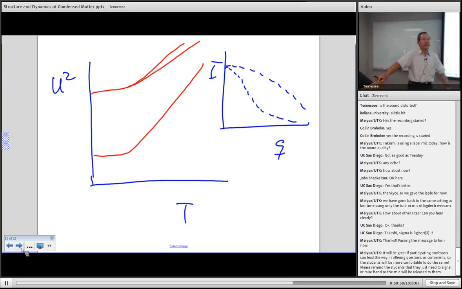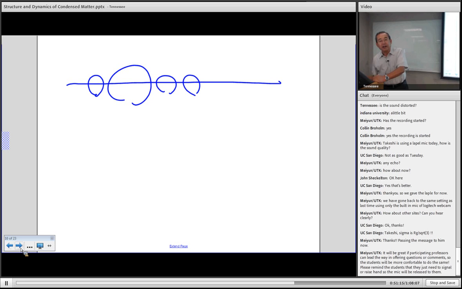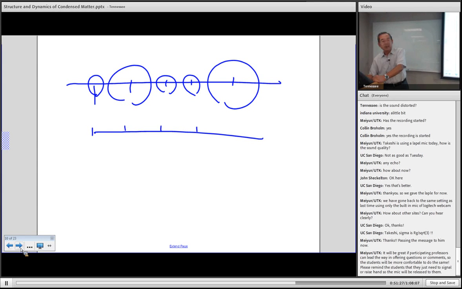If you mix two elements, you're bound to have displacement. For instance, if you have big and small atoms, okay, then the average position is not going to be totally periodic, right? It's deviated from total periodicity in a local way. Yeah? This one is a little bit to the right, and so on.